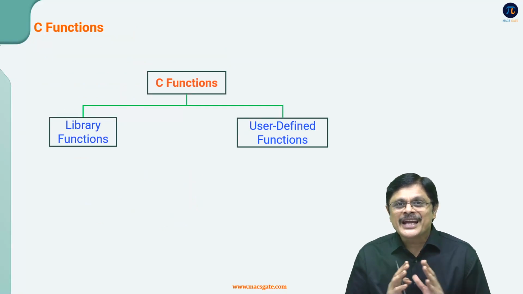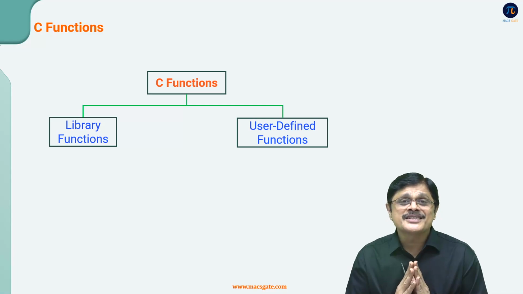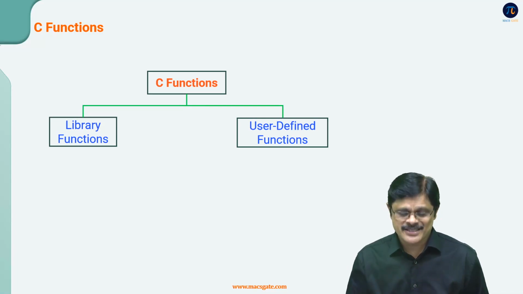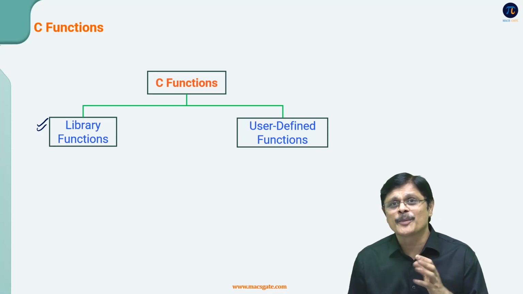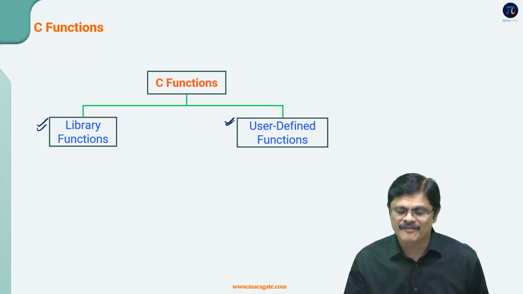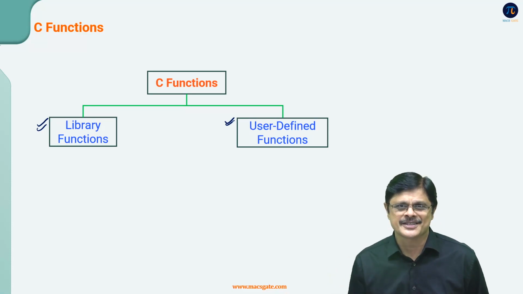Therefore, we can classify the functions in C language into two types. One is library functions, which are available in the C standard library, or the functions created by the user for his own purpose. We call them user-defined functions.